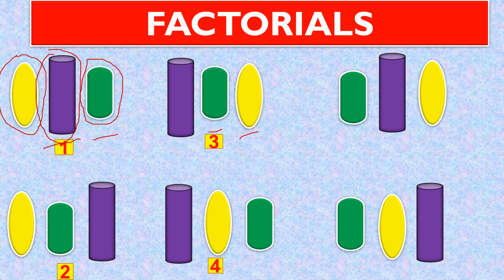This is the fourth arrangement. And then this is the fifth arrangement. And then this is the sixth arrangement. So we have three shapes and we have arranged them in 6 different ways.